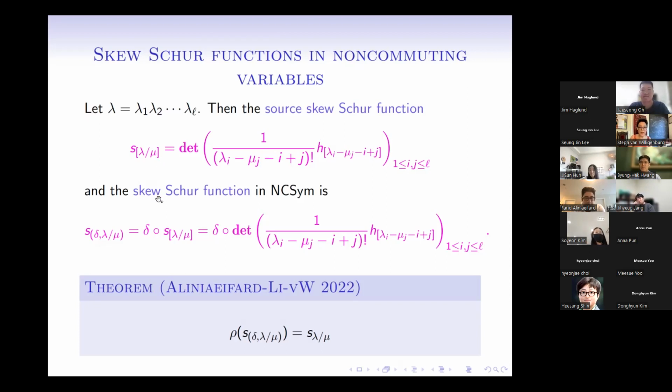Once we have that, our Schur function in non-commuting variables is indexed by a permutation delta and a shape lambda skew mu, and all we do is let that permutation delta act on our suitable source Schur function. And the cool thing is that if you let the variables commute, then what you get back is just the classical Schur functions.